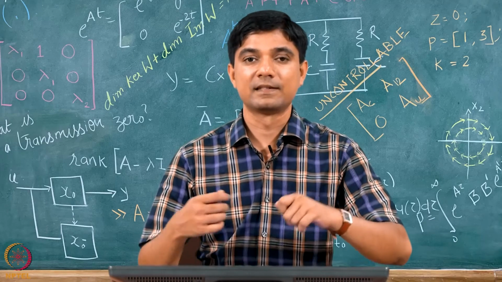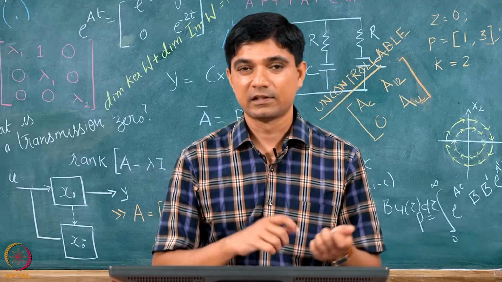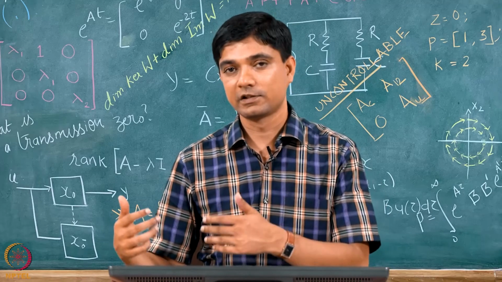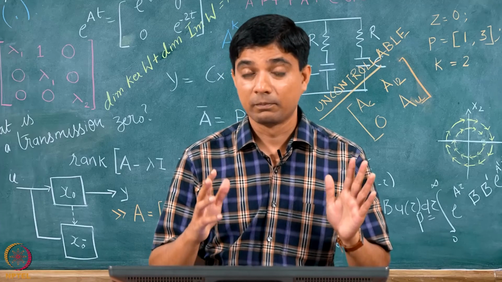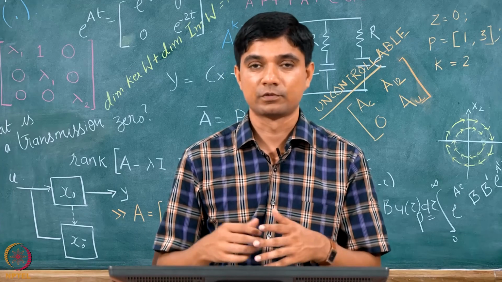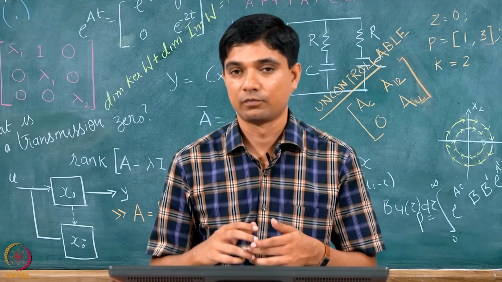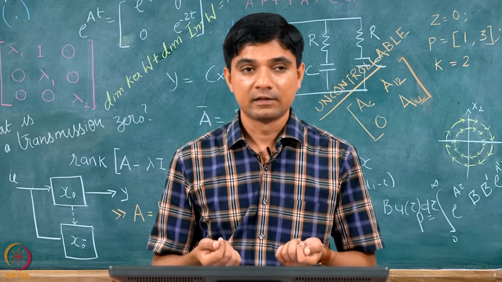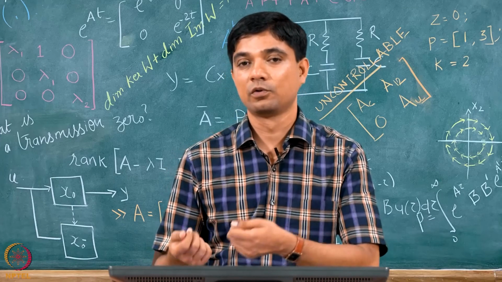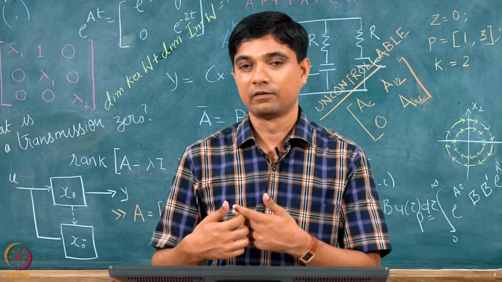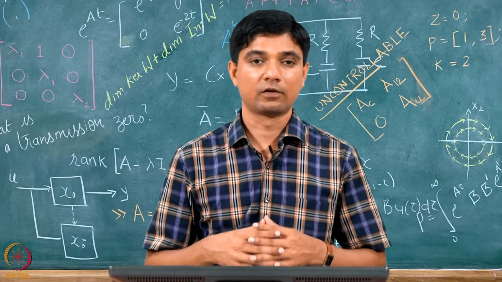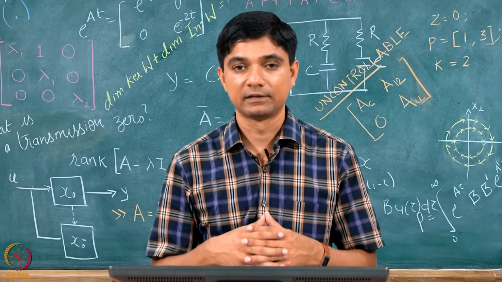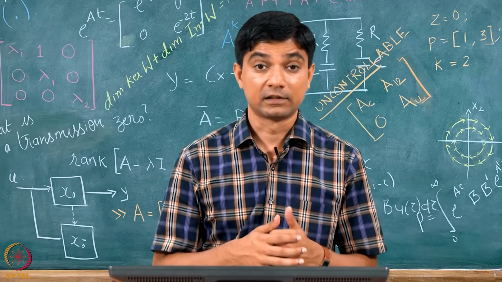Change of basis essentially means how do I change from a controllable canonical form to an observable form or a diagonal form, or so on, or given any state space representation, how do I go about deriving one of those canonical forms. The mathematical tool for that is what we call the change of basis.